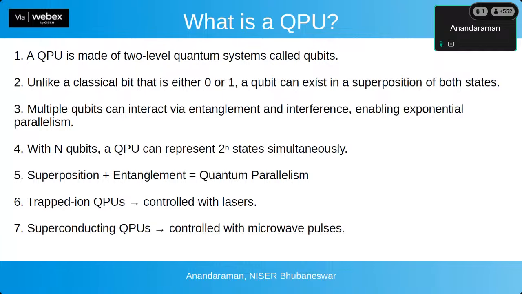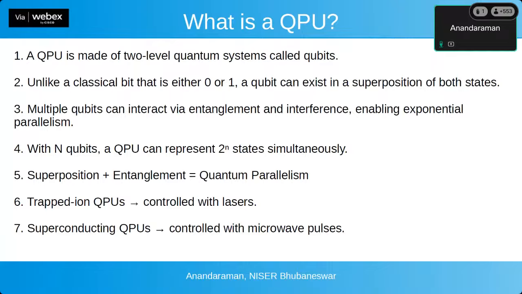Okay, what is a QPU? Quantum processing unit. The quantum particle can be in any state, in n number of states, but we are focusing only on two states, 0 and 1. A two-level quantum system is called a qubit. Unlike a classical bit, it will be in superposition of both states. Multiple qubits can interact via entanglement and interference, enabling exponential parallelism.